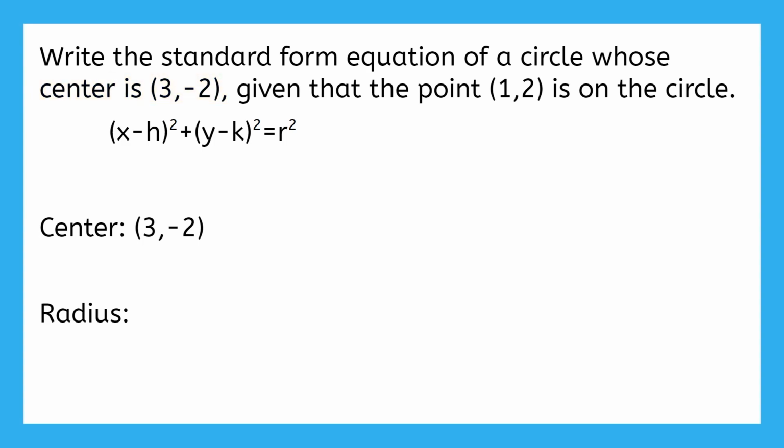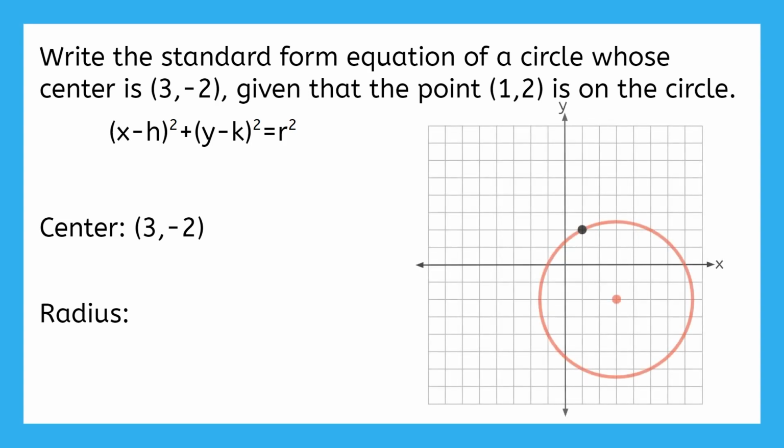In the last example, we were able to use a picture to just count the radius by hand. If you were to look at the graph for this circle, though, you could see that that's not going to be possible because the points directly to the right, above, below, and left of the center are not on integer coordinates. I can see that the radius is, well, it's between 4 and 5 units, but I can't say exactly how many units, so this won't work.